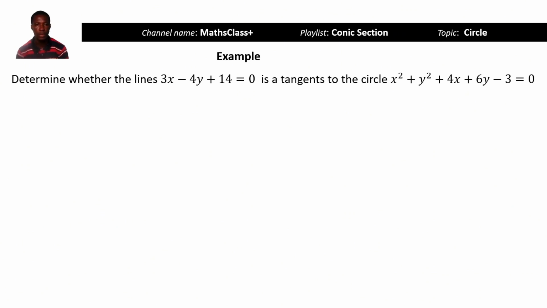Another example, determine whether the line 3x minus 4y plus 14 equals 0 is a tangent to the circle x squared plus y squared plus 4x plus 6y minus 3 is equal to 0. So as usual, we need to determine the radius and the center.